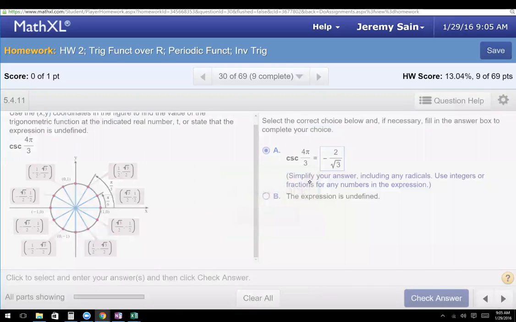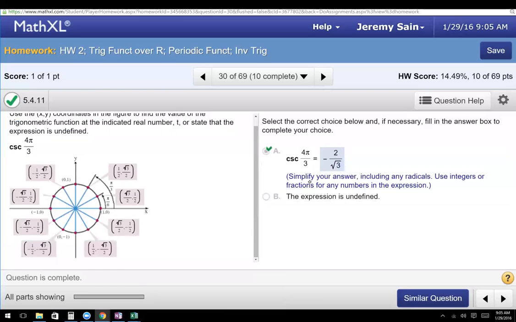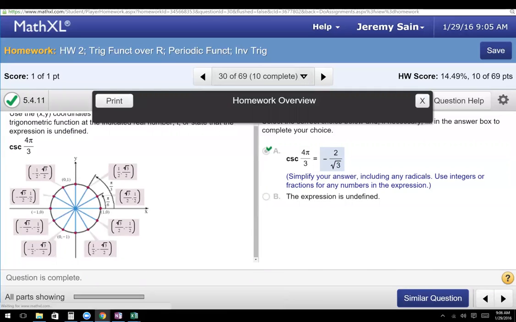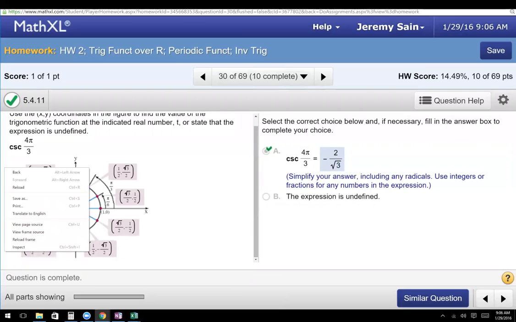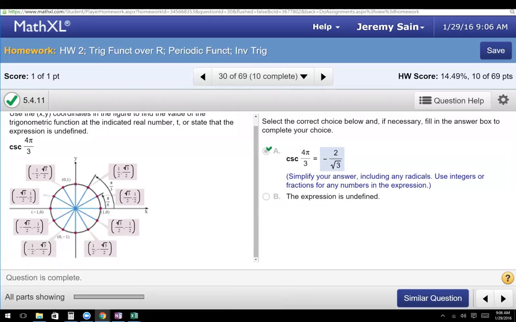Easy as pie. So you didn't take the square root? I didn't do anything. I just looked at the y-coordinate down here. So the y-coordinate is negative root 3 over 2. So negative root 3 over 2 is sine of 4 pi over 3. I want cosecant, which is 1 over that.